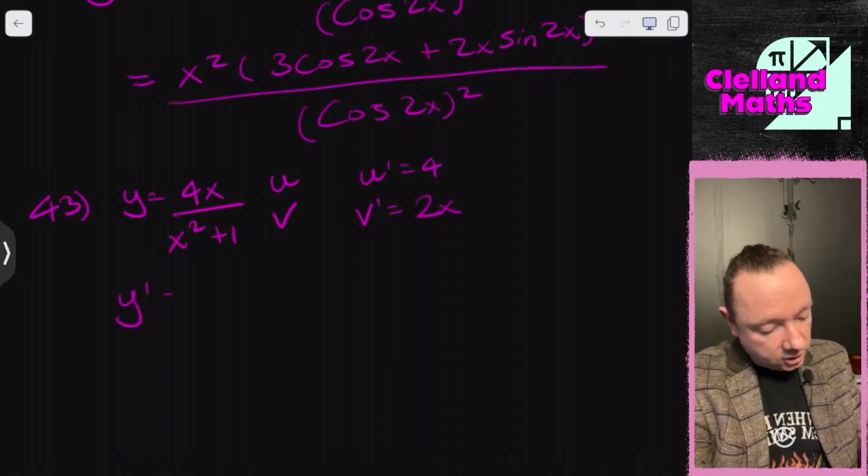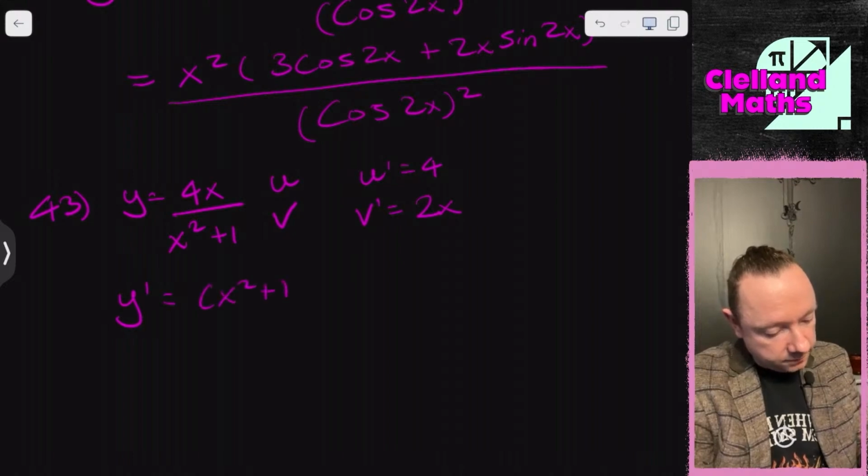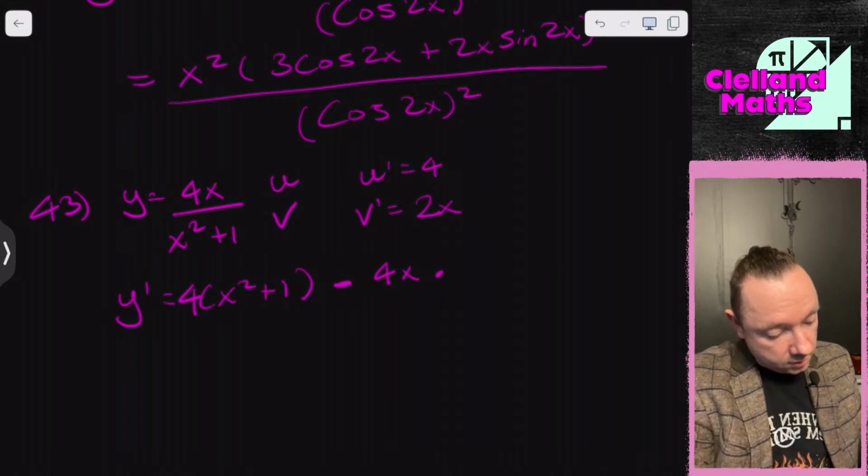So y dash is vu dash x squared plus 1 times 4 minus uv dash 4x times 2x all over x squared plus 1 all squared.